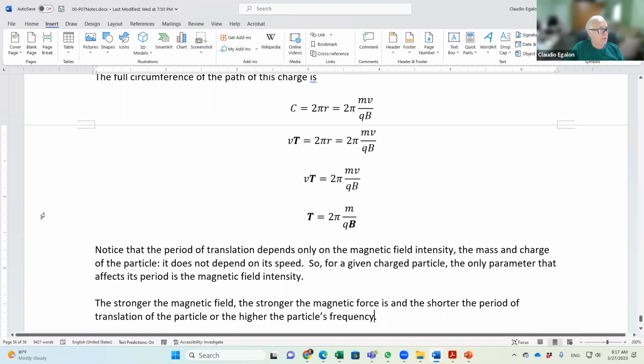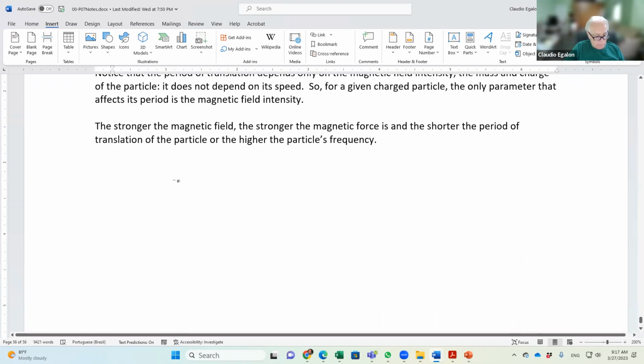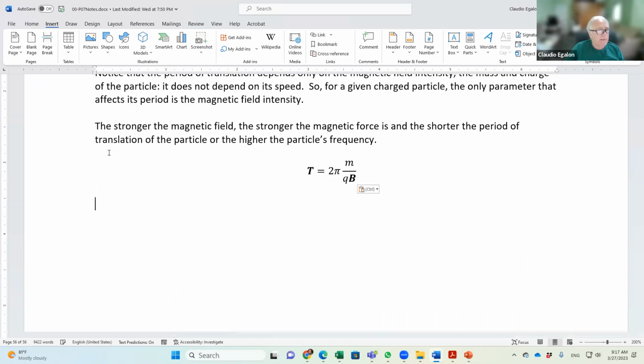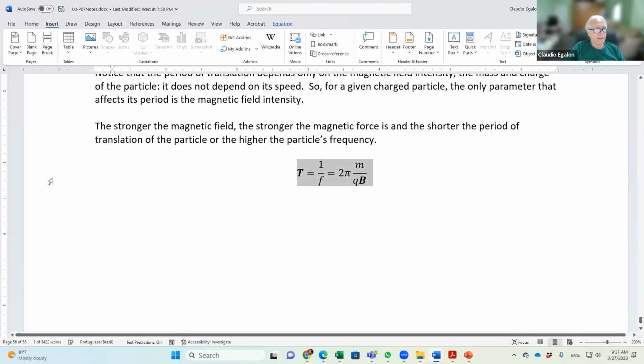There is a relationship between the period and the frequency, and you can write that formula as T = 1/f.